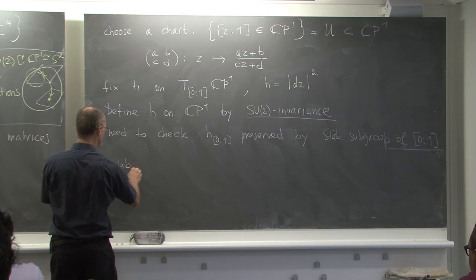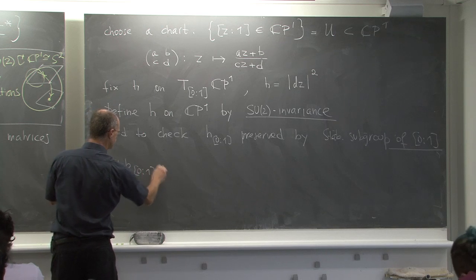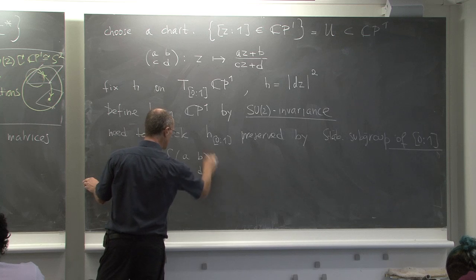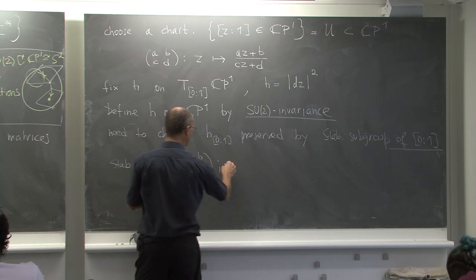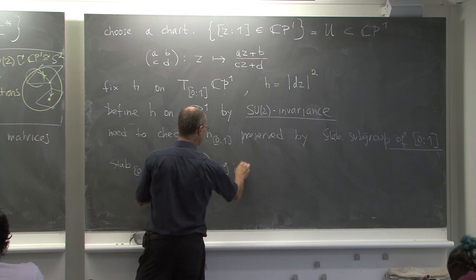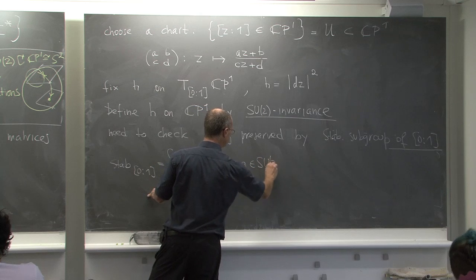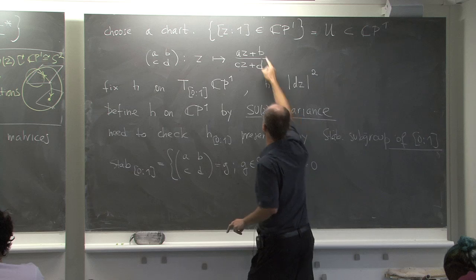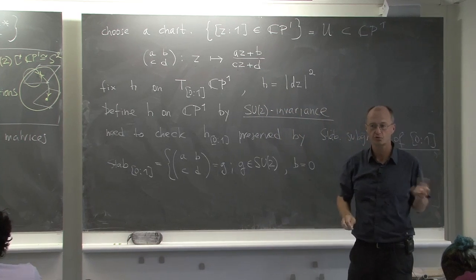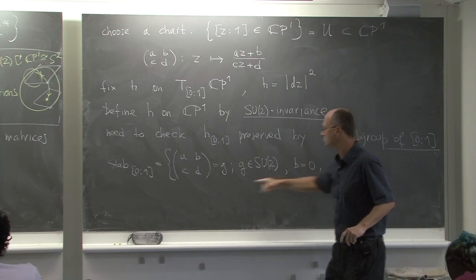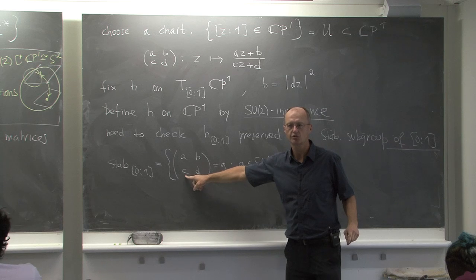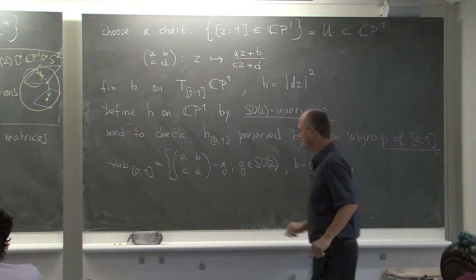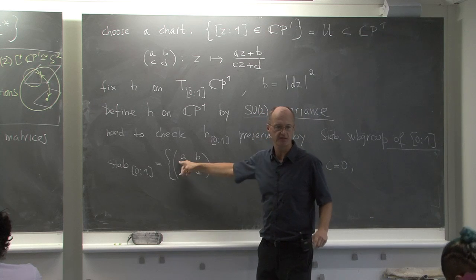So this stabilizer consists of matrices A, B, C, D equal to G, where G is in SU2, and it is clear that B has to be equal to 0. But for 2 by 2 unitary matrices, if B is equal to 0, then C is also equal to 0, and so it's actually diagonal.